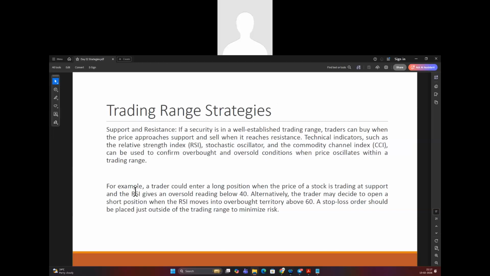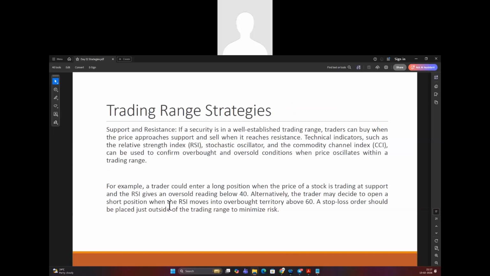For example, a trader could enter a long position when the price of a stock is trading at support and the RSI gives an oversold reading below 40. Alternatively, the trader may decide to open a short position when the RSI moves into overbought territory above 60. A stop loss order should be placed just outside the trading range to minimize risk.